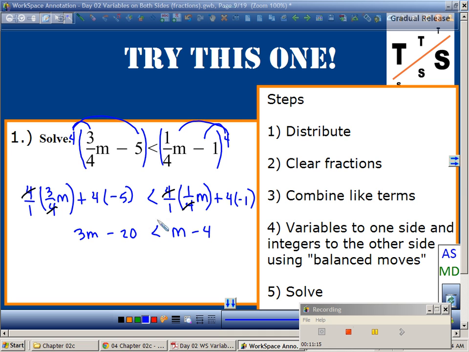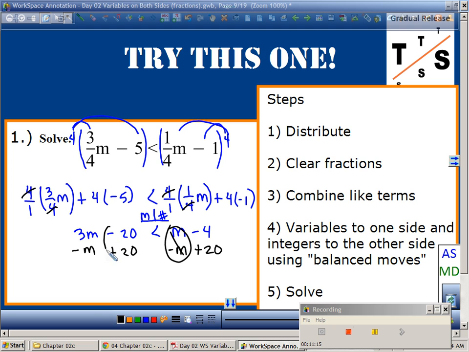Now I've got to figure out what I've got on each side. Which side has more m's, the right or the left? The left. So I'm going to put the m's on the left, and I'm going to put my numbers on the right. So if m's go on the left, I better move this m. Oops, my color didn't change. So I'm going to put m on this side and 20 on this side.